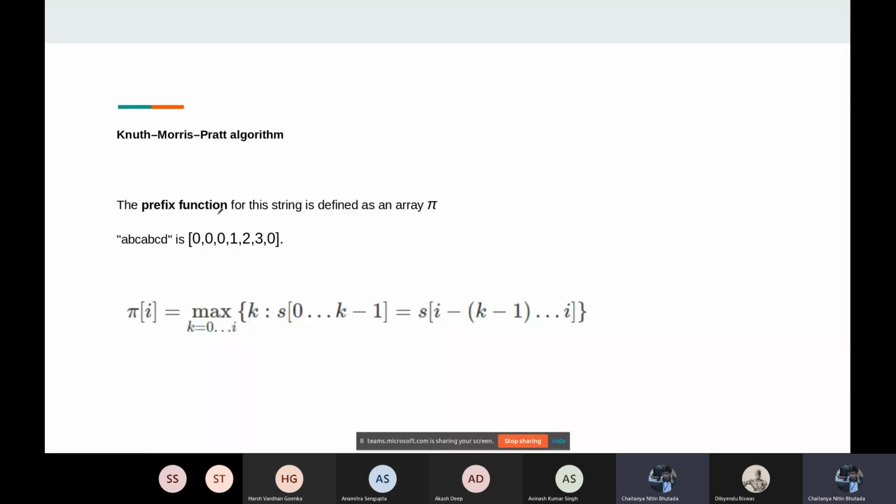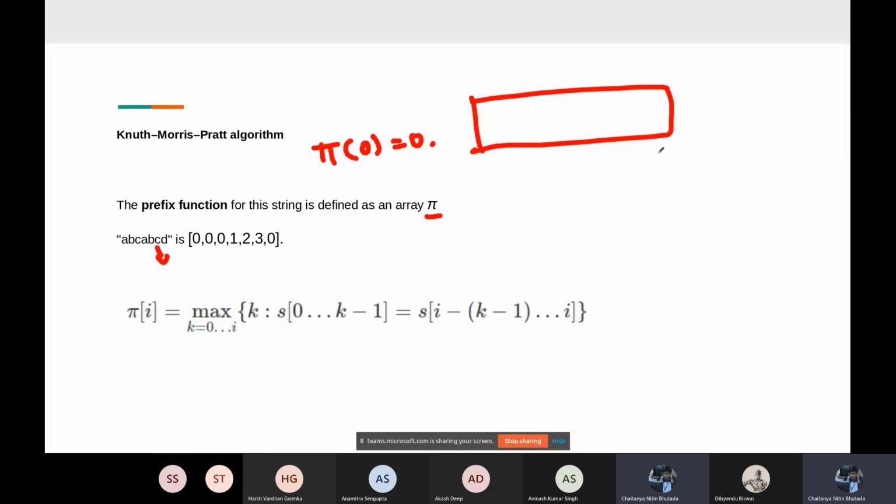So KMP is nothing but a prefix function. Using KMP, we find a prefix function of a string which is denoted by pi. So what it is: for pi of 0, we take it as 0. Now suppose we look up the pi value at this position.